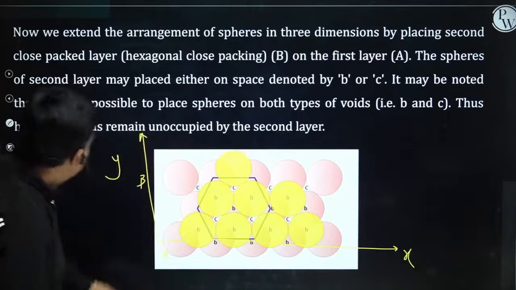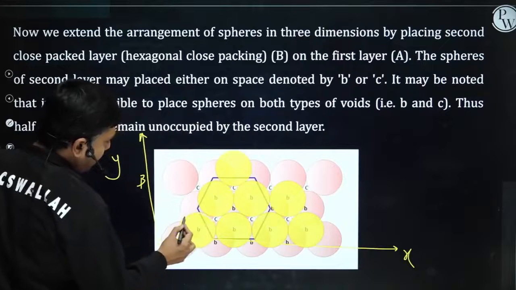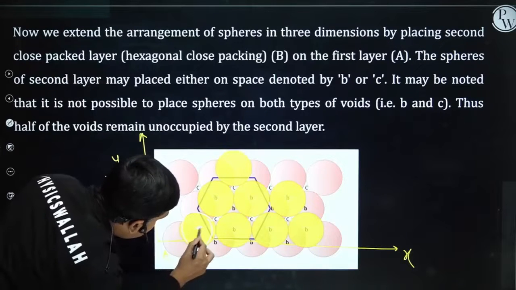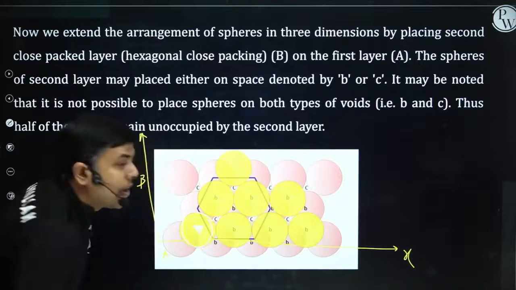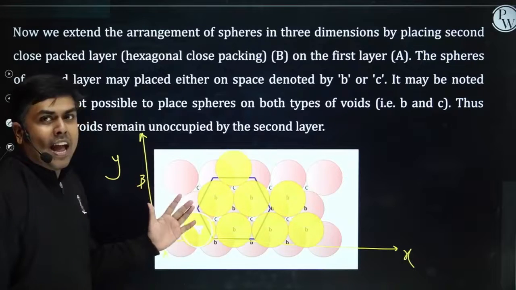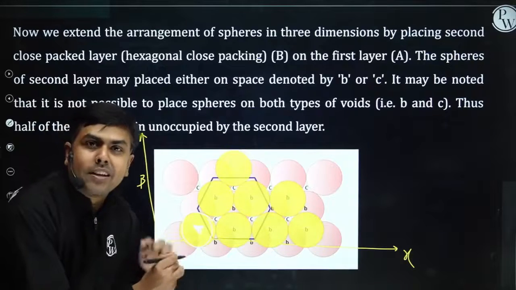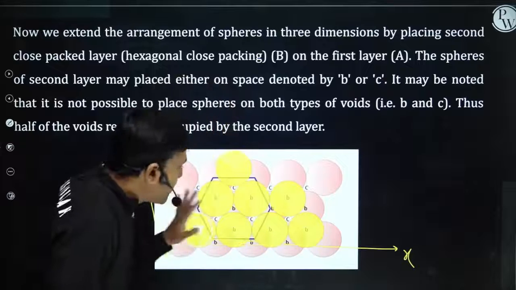Here also I have covered the lower triangular void. You can see this is my third layer, and in this third layer I have covered this void of the type B, and this B was lower triangular void. So A, B, and in the third layer along z-axis, I am covering the lower triangular voids. I hope you understood till here.